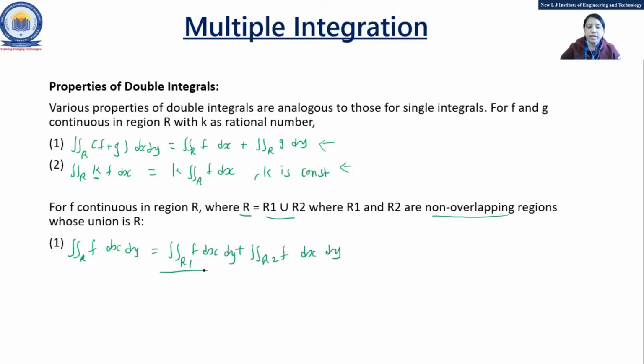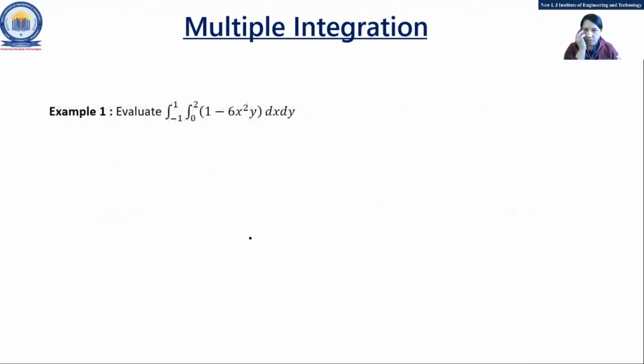That means do the integration separately for the two regions, and then add. So these are the important basics required for multiple integration.